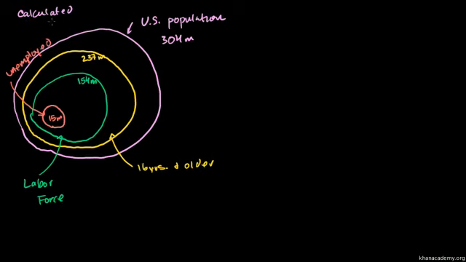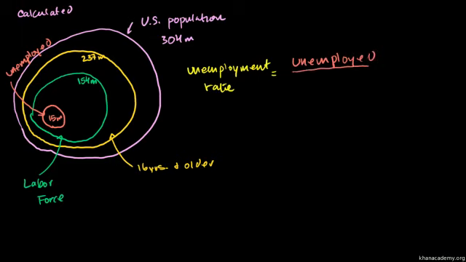So that's the very simple way that they actually calculate the numbers, but we'll see there's a little bit more nuance than what the formula might speak to at first. The unemployment rate is equal to the number of unemployed, in that same orange color, divided by the labor force.